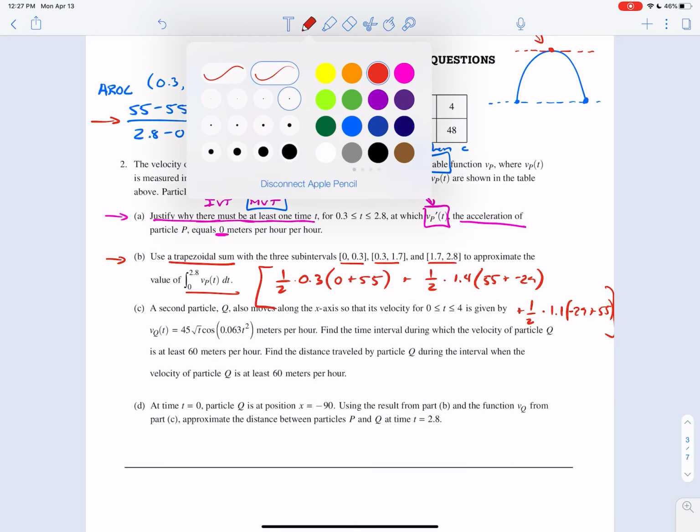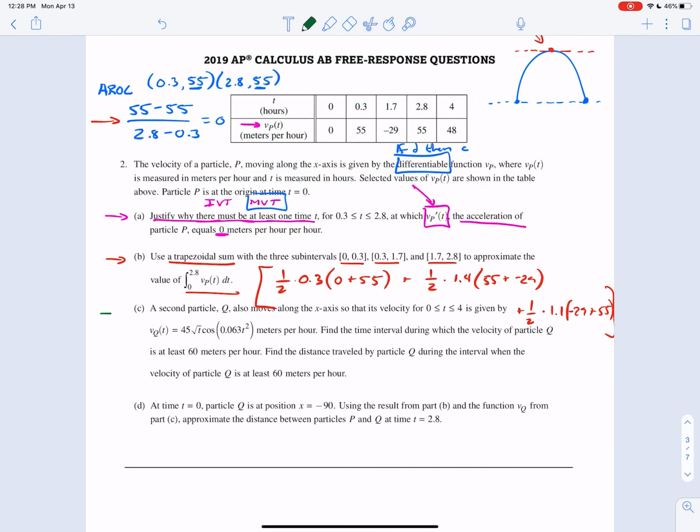Here's part C. A second particle Q, so they introduce a new particle here, moves along the x-axis so that its velocity is this equation here. Find the time interval during which the velocity of the particle is at least 60 meters per hour.